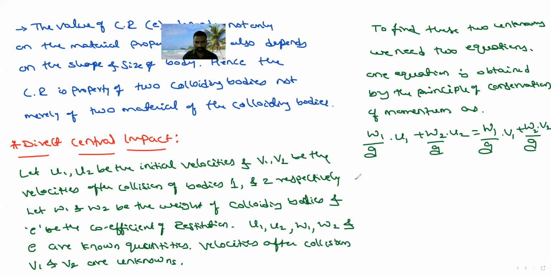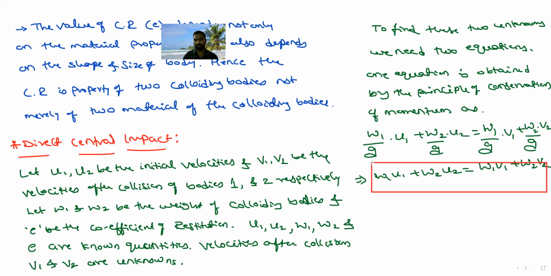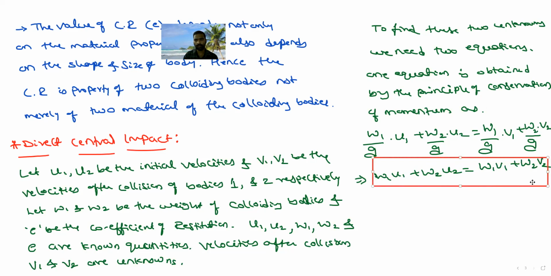This can also be written as W1 U1 plus W2 U2 is equal to W1 V1 plus W2 V2. This is equation number 1.